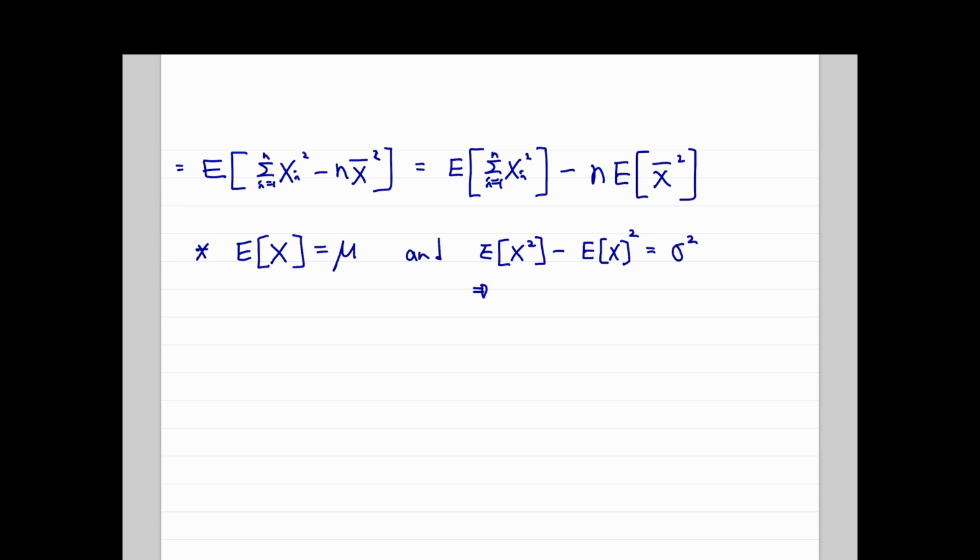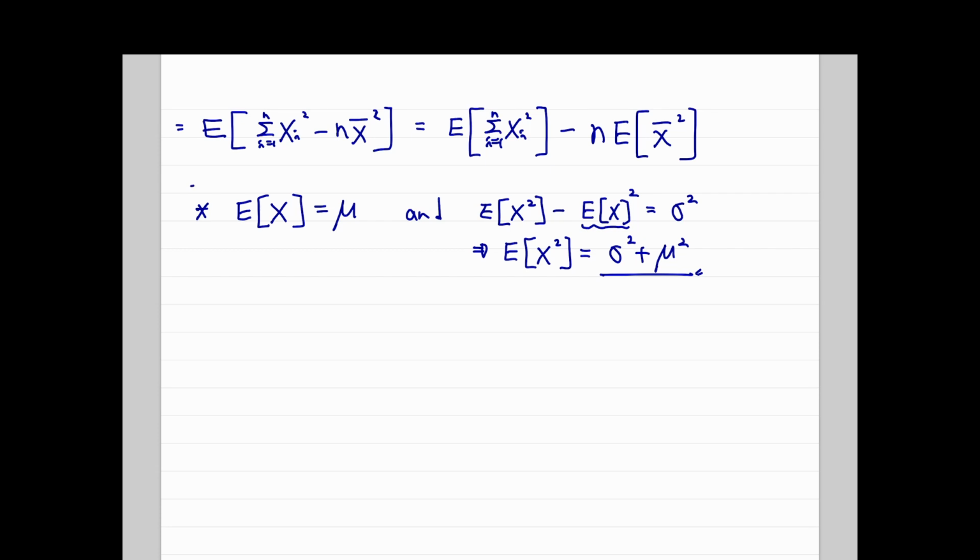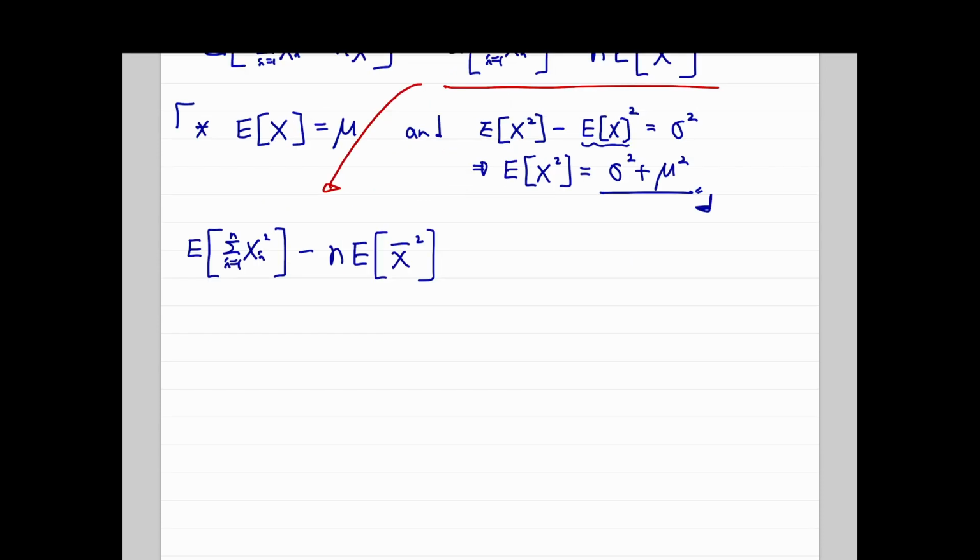So the expected value of x square means sigma square plus mu square. So this term is x1 square plus x2 square plus up to xn square.